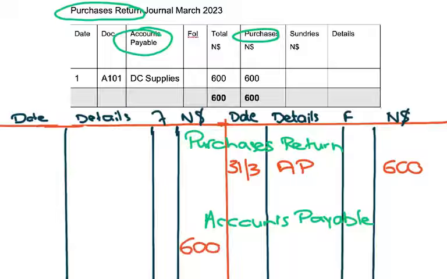My contra account is purchases returns, and my date is the 31st. Let's look at my details in my different accounts. In my purchases return account, my details refer to accounts payable. And in my accounts payable account, I refer to my purchases returns.